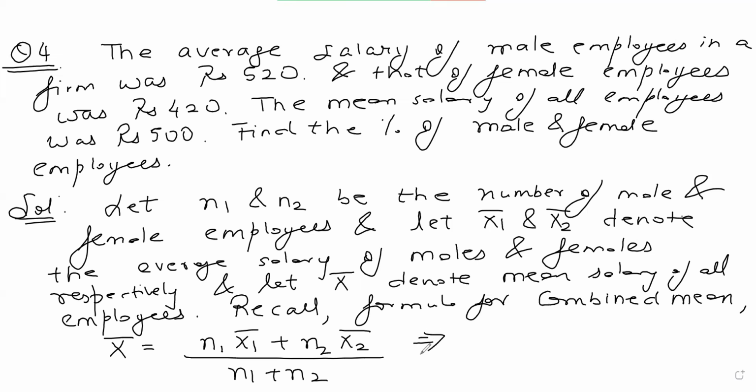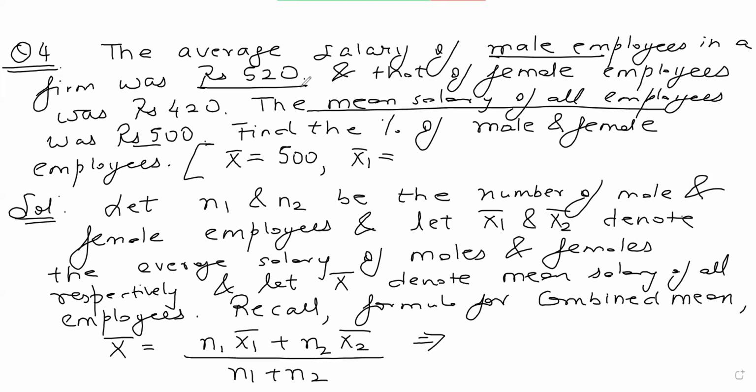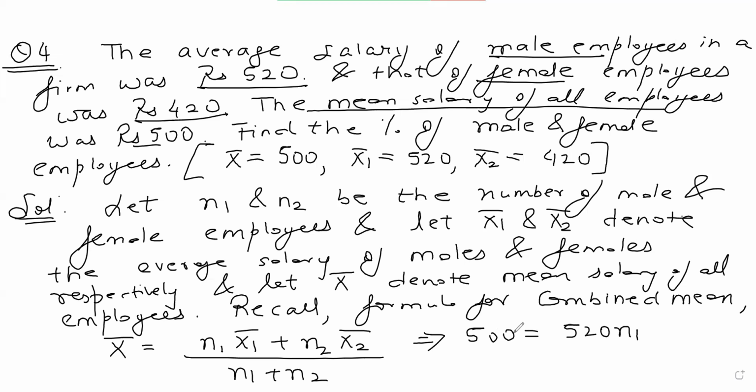Now, X bar is how much? From this question, X bar is the mean salary of all employees, which is 500. X1 bar is the male employees' average, 520. X2 bar is the average salary for female employees, 420. So I can plug in all these values: 500 is equal to (520 N1 plus 420 N2) over (N1 plus N2).